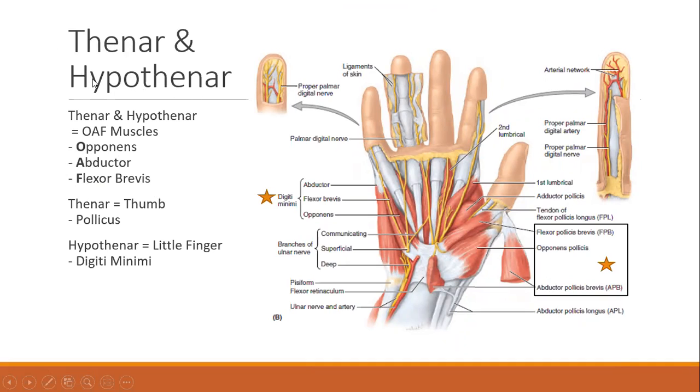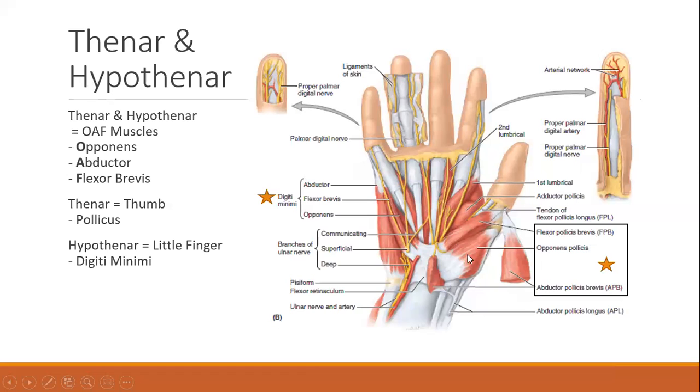Your hypothenar eminence is for your little finger. When you see it in names, thumb is going to be referred to as pollicis, and your little finger is going to be referred to as digiti minimi. So for your thenar eminence, you have your opponens pollicis, your abductor pollicis brevis, and your flexor pollicis brevis.